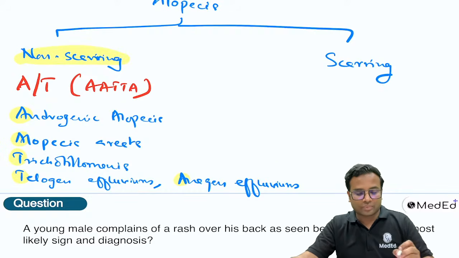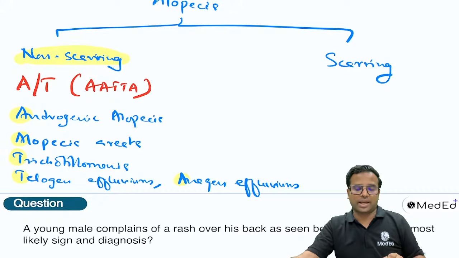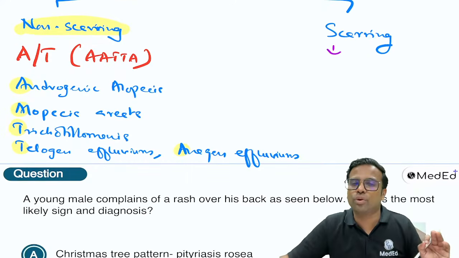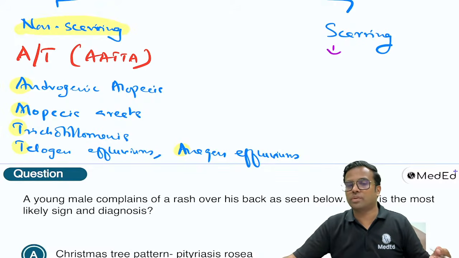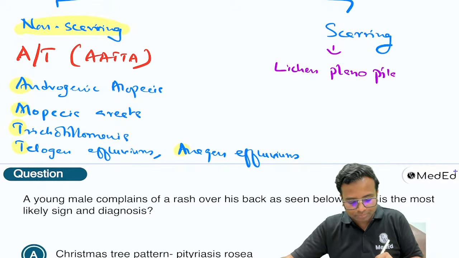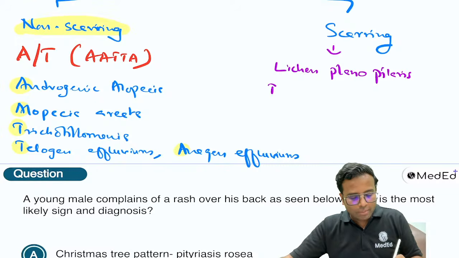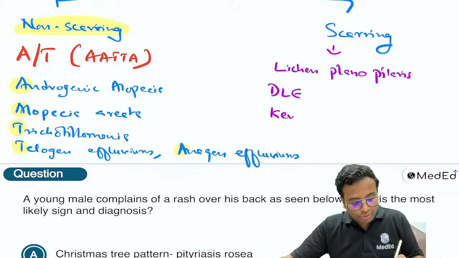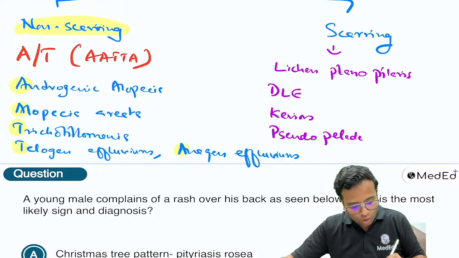Whereas in scarring alopecia, there can be multiple causes. I'll just list a few so that you have a quick revision. This can be in lichen planus, like lichen planopilaris, or discoid lupus erythematosus, or a fungal infection like kerion, pseudopelade of Brocq.